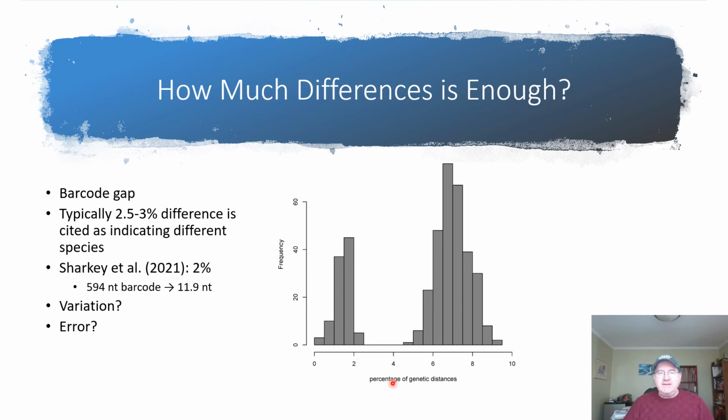You would use this data to say, if I compare two specimens and they are more than, let's say, 5% different, then these two specimens belong to different species. If I compare these two specimens and the difference in their sequences is less than 2%, that's the same species.